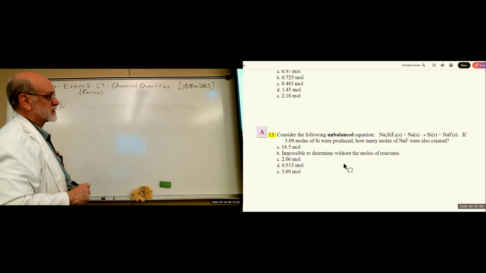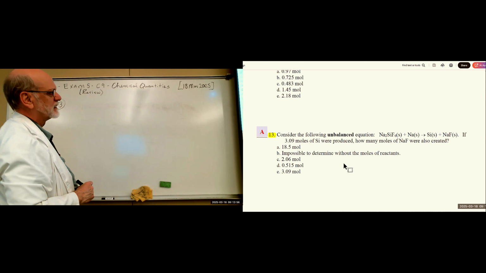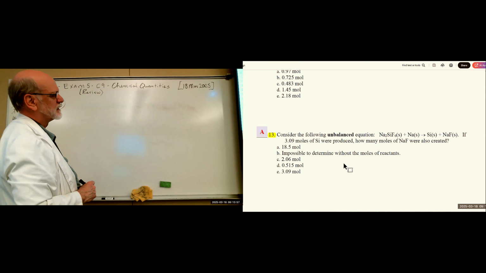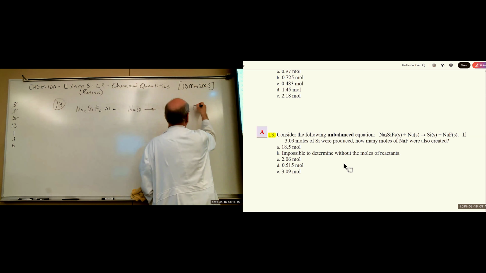For this equation, we have Na2SiF6, that's a solid. And then we react that with sodium metal, and that yields silicon solid plus sodium fluoride, which is also a solid.